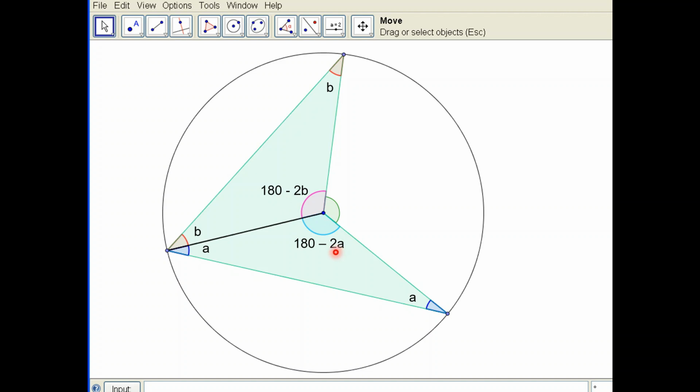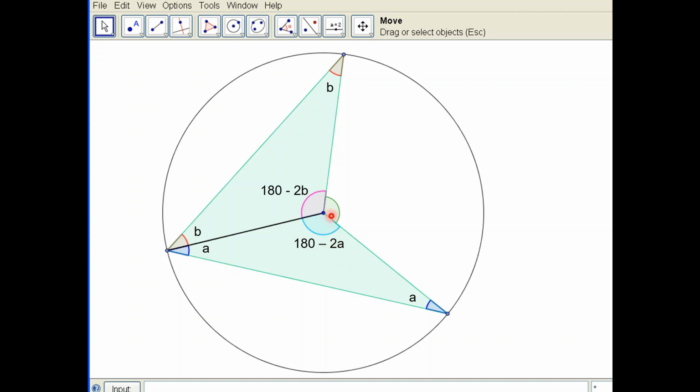Now we said we are going to subtract this from 360. So 360 minus 360 becomes what? 0, right? Then the minus is going to affect the negative 2B and the negative 2A, right? So this becomes what?